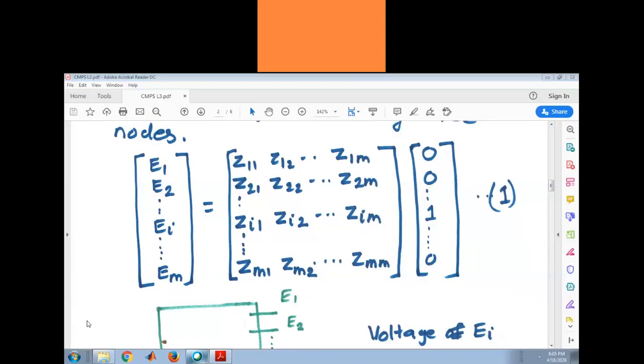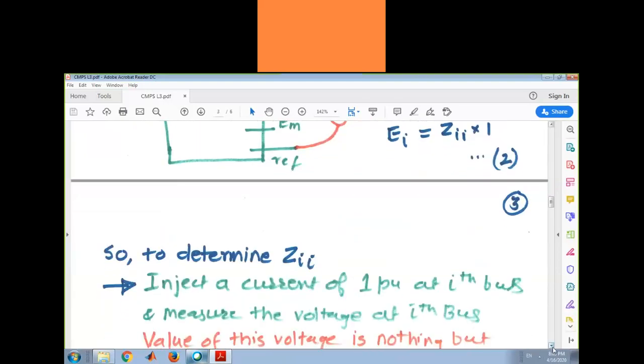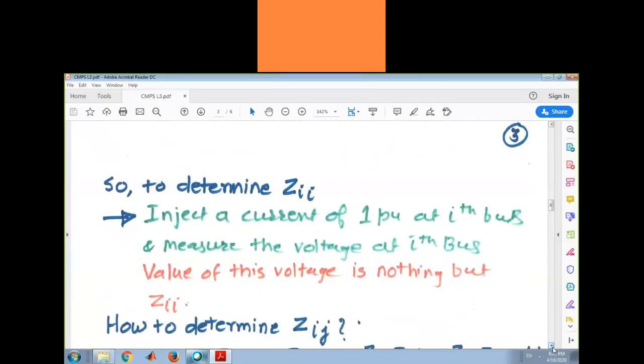So basically Ei will be equal to Zii into 1. So if you inject a current of 1 per unit and measure the voltage at the ith bus, that will be the value of Zii. That is what I have written: inject a current of 1 per unit at the ith bus and measure the voltage at the same bus. That value is nothing but Zii.